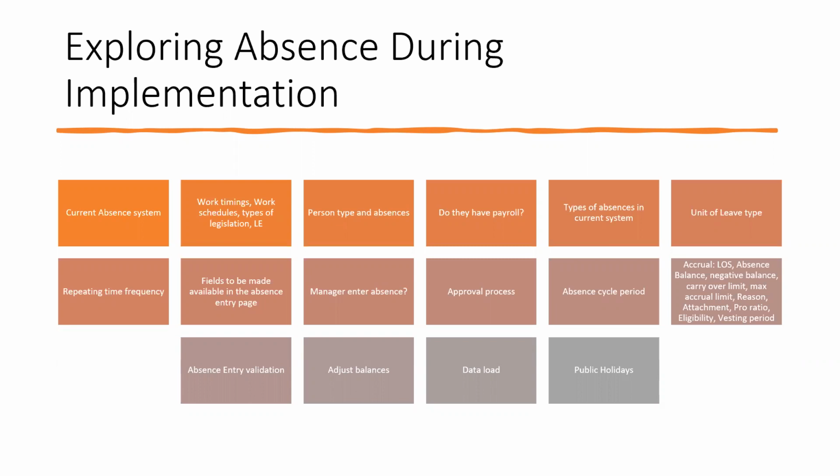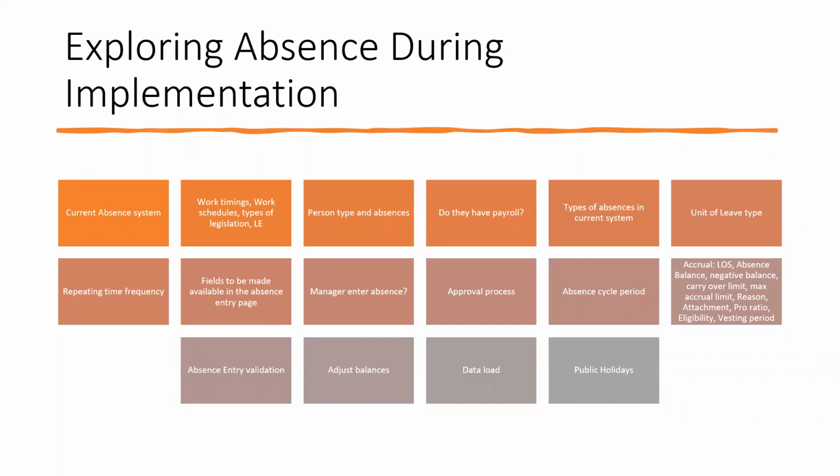If an employee tries to enter more than 1 day, then the system has to throw an error saying that you are not allowed to enter more than 1 day for this leave type. So those are the absence entry validations. We should see how absence entry rules can be imposed during the absence request, and how they are expecting it for the different leave types. That is also important to check.